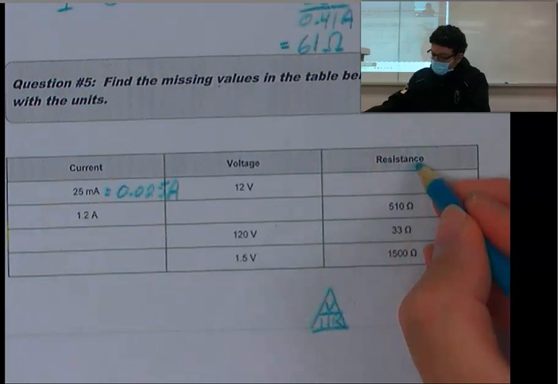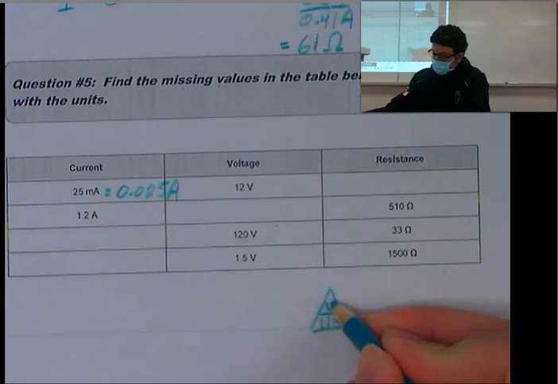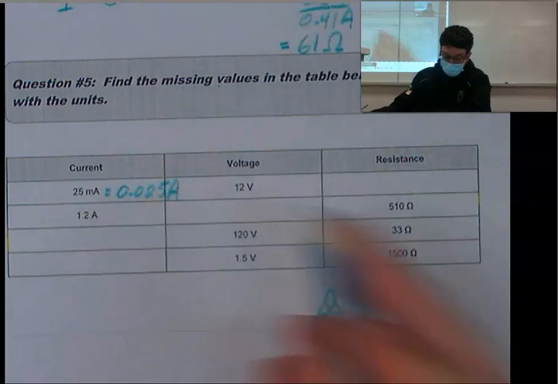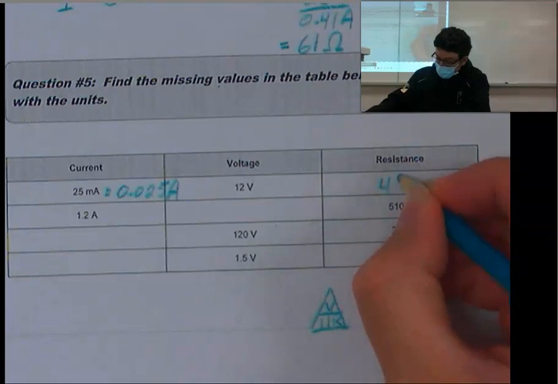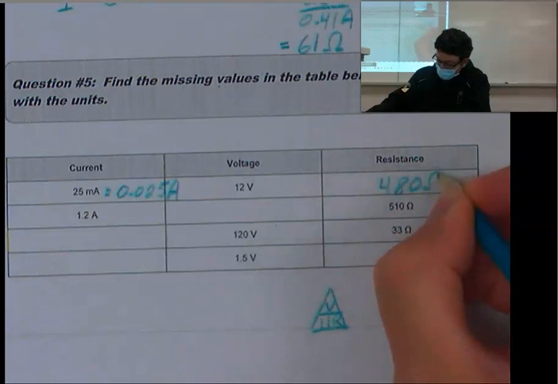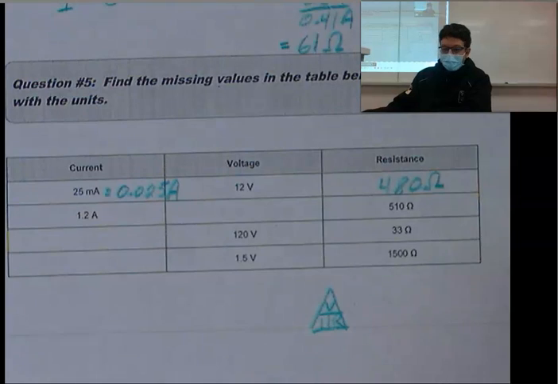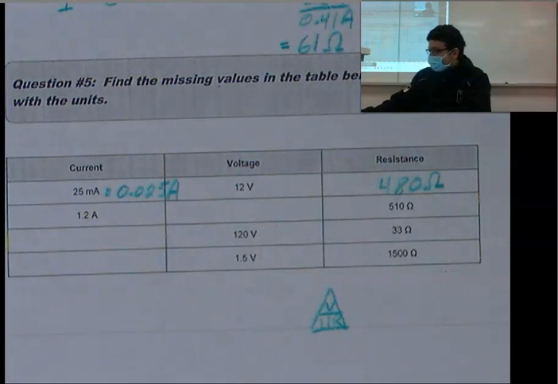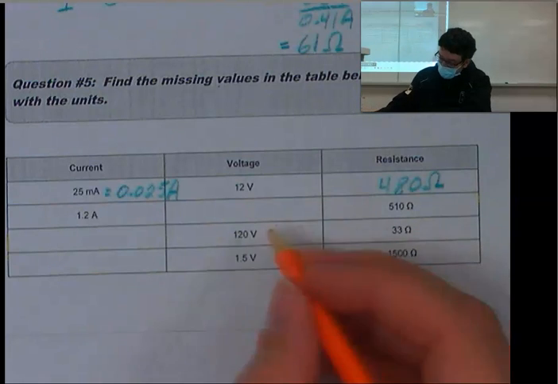To find resistance is voltage divided by current, which would be 12 divided by 0.025, which is 480 ohms. So I want you to take a minute and try to fill in the rest. Once you've done that, you can check your answers. I'll fill them in.